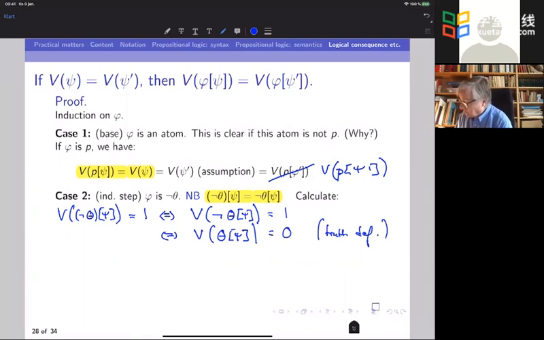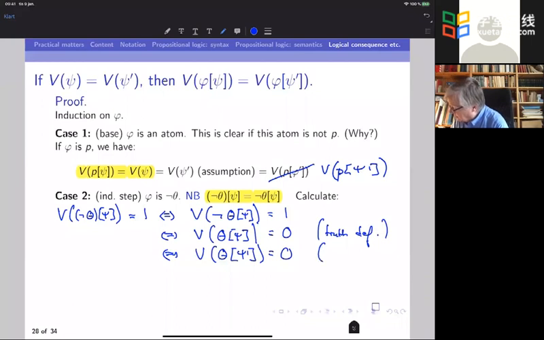But now we have a simpler formula without the negation, and we have an induction hypothesis, namely, we've already proved the claim for the simpler formula. So this has value 0 if and only if theta square brackets psi prime has value 0.